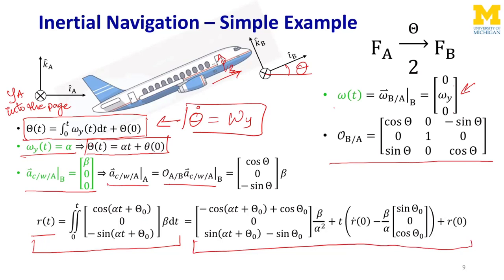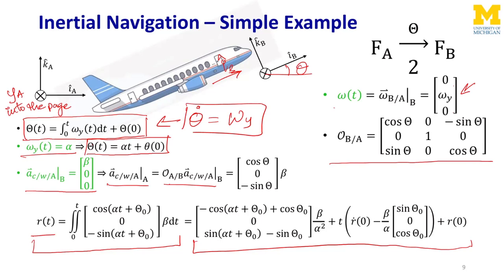It includes this harmonic term. There's the initial velocity component, and there's the effect of initial condition. So our position is actually given by exactly this expression. But since this is only true for a very specific case, this is not very useful.